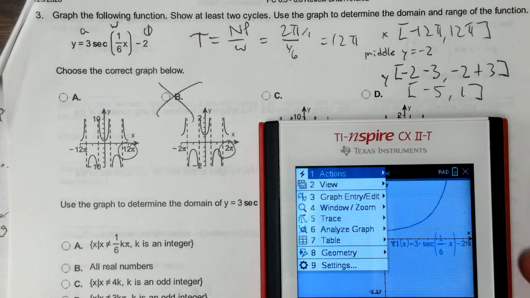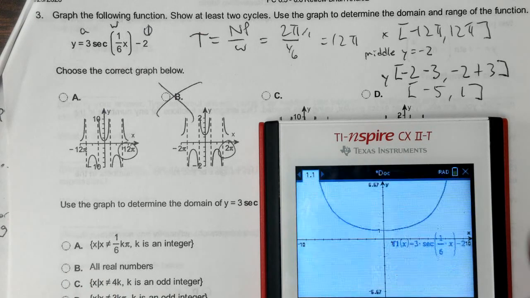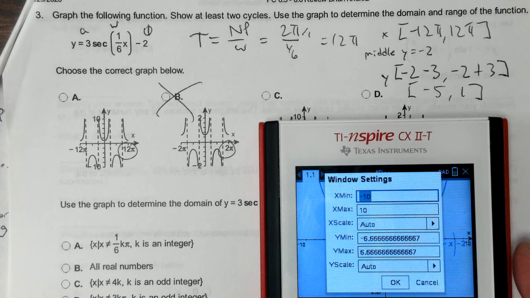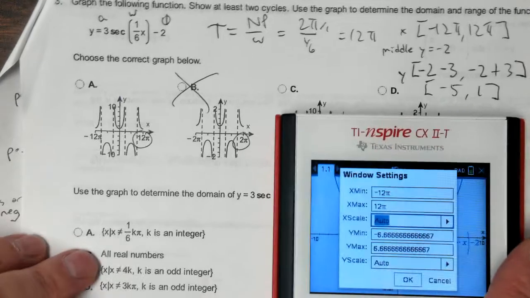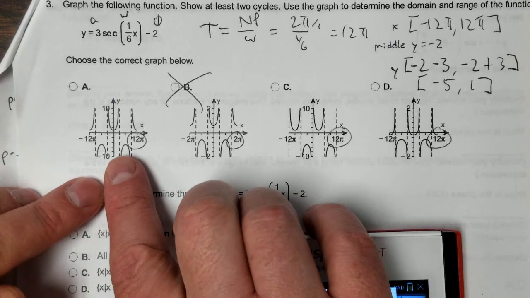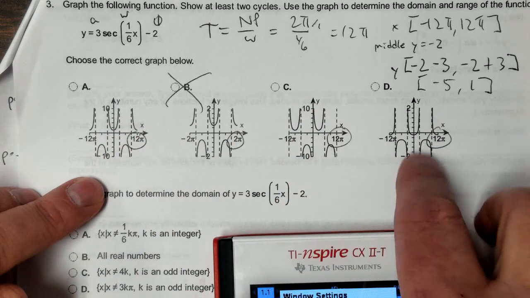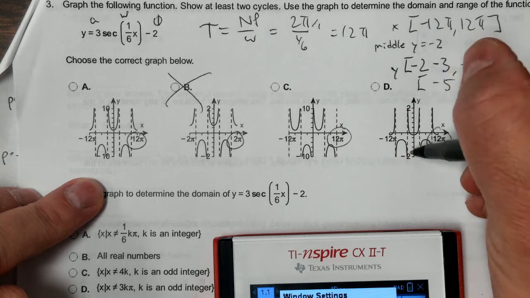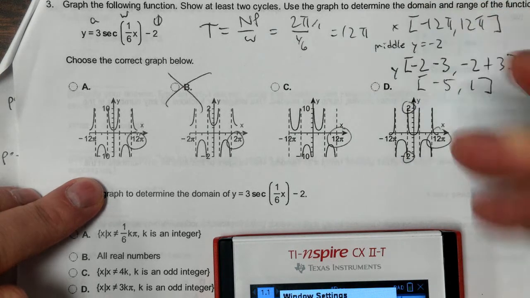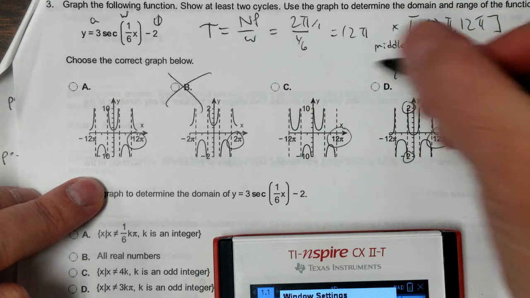And let's change our window from negative 12 pi to 12 pi. Okay, now looking at these things, these say negative 10 to 10, so let me just, well, this one says negative 2 to 2. I'm going to use negative 10 to 10.